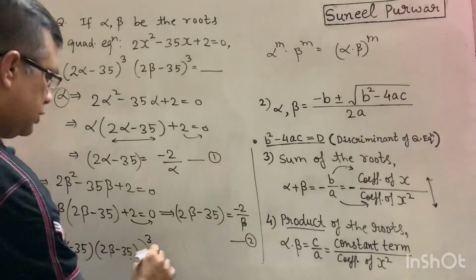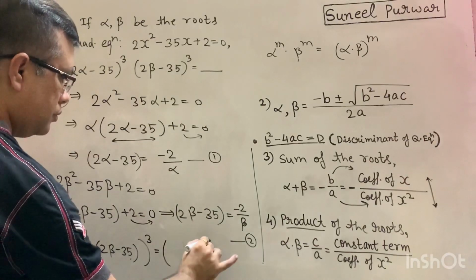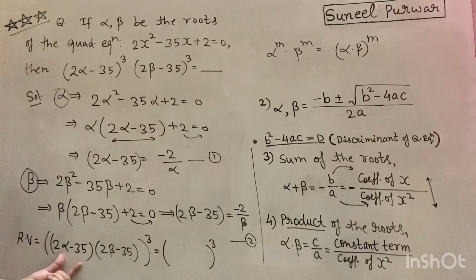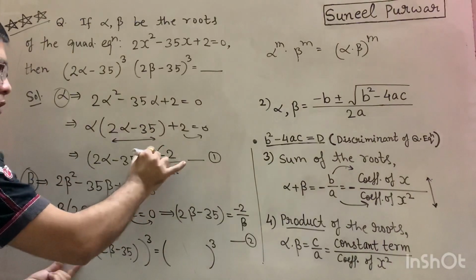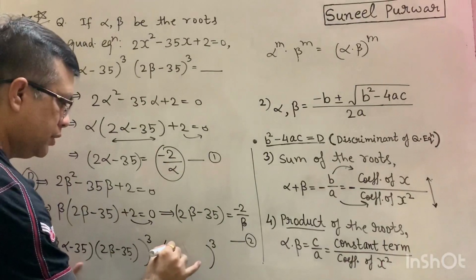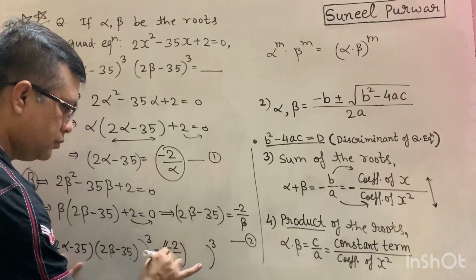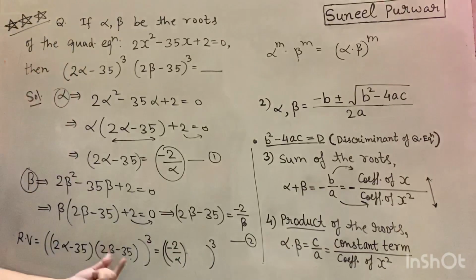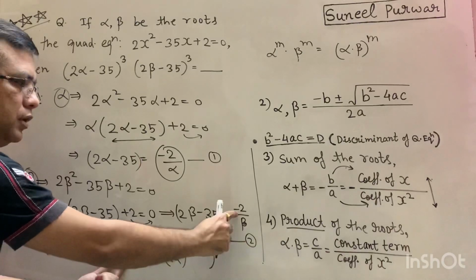Now this is equal to whole cube of, now 2 alpha minus 35. From the first relation, 2 alpha minus 35 is nothing but minus 2 by alpha, put it there, minus of 2 by alpha. And 2 beta minus 35 from the second relation is equal to what?